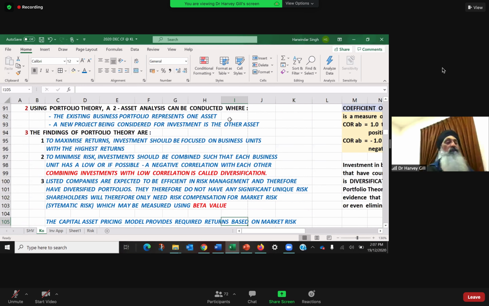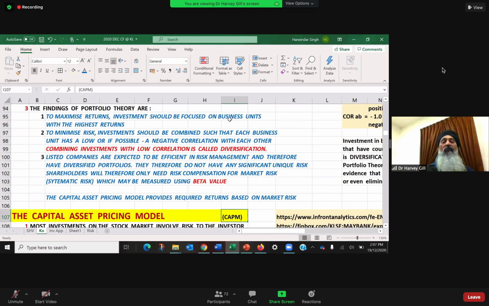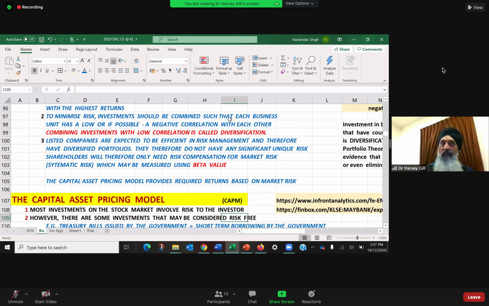However, companies will still be affected by market risk, and for us to provide compensation to providers of finance, especially shareholders, for market risk, as directors of a listed company, we need to have a model. And the model is, of course, the capital asset pricing model. Yeah.